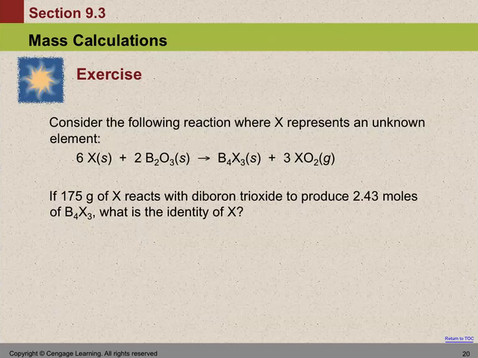Now this is a rather involved calculation. First of all, we start with the fact that we have 2.43 moles of B4X3. So we can work backwards in this case to find out how many moles of X formed the B4X3.